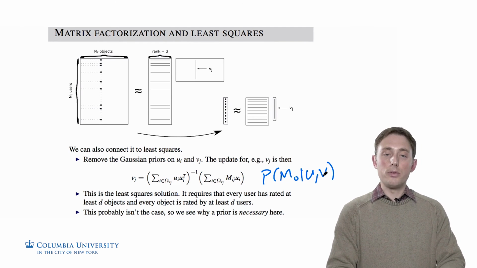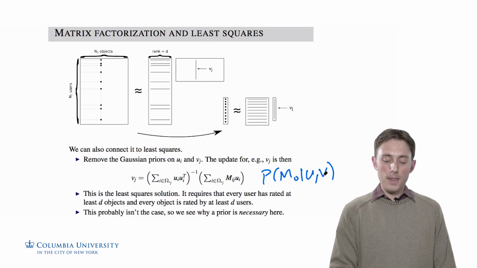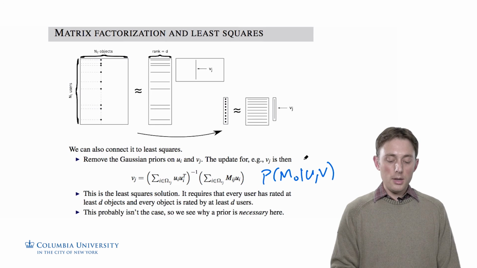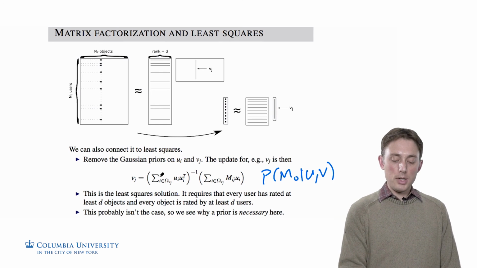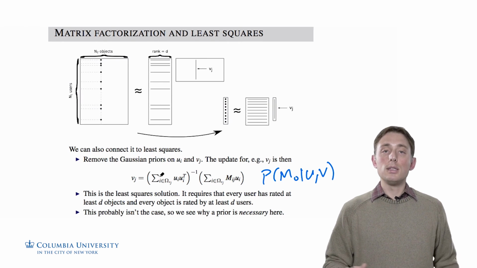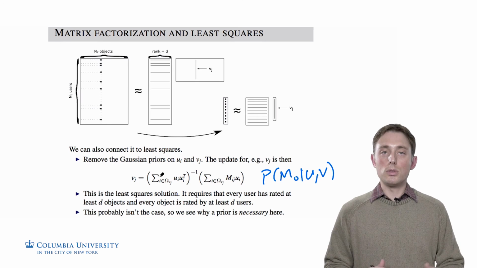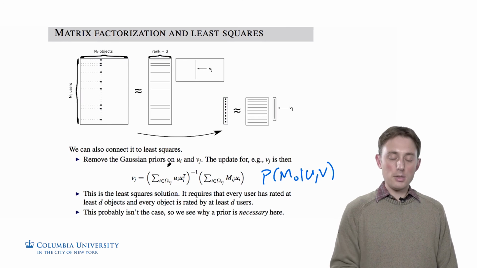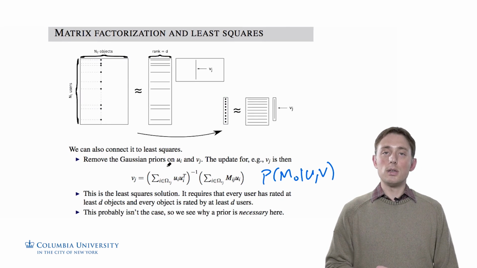However, notice that in this case, if we did not put priors on u and v and simply did maximum likelihood, in order to invert this matrix, we would require that every single user has rated at least d different objects, and similarly we would require that every single object has been rated by at least d different users in order for us to guarantee that this inverse can be done.